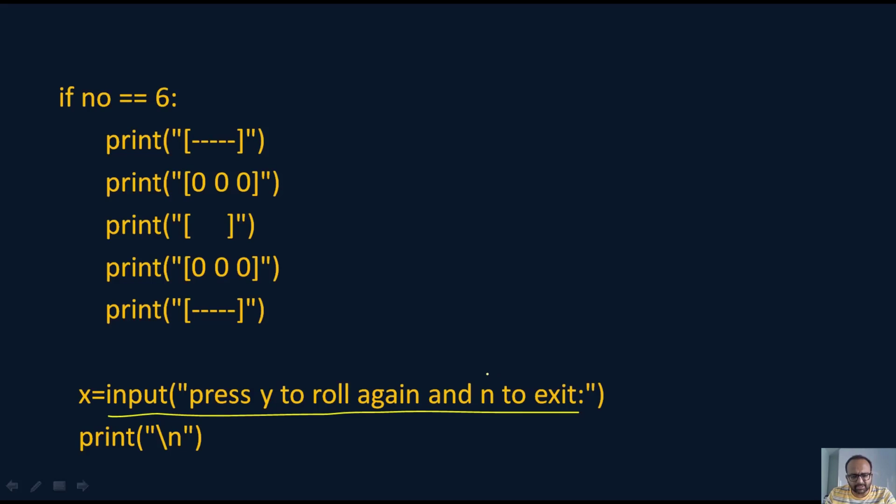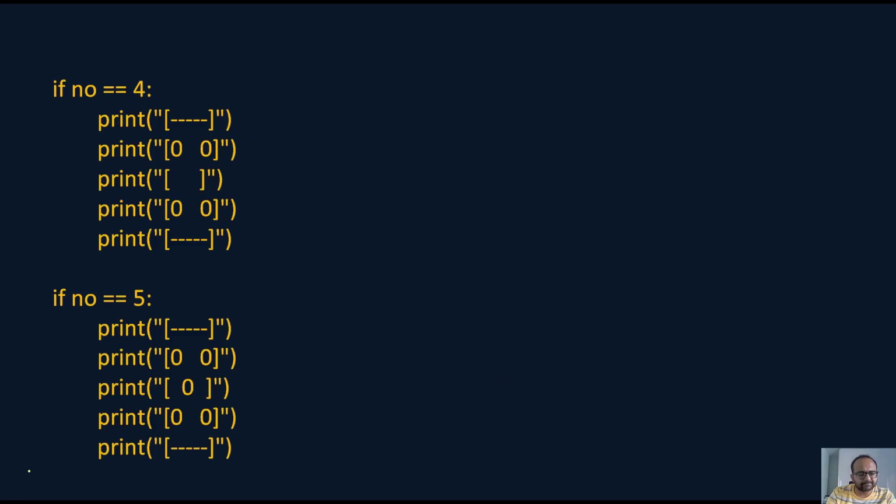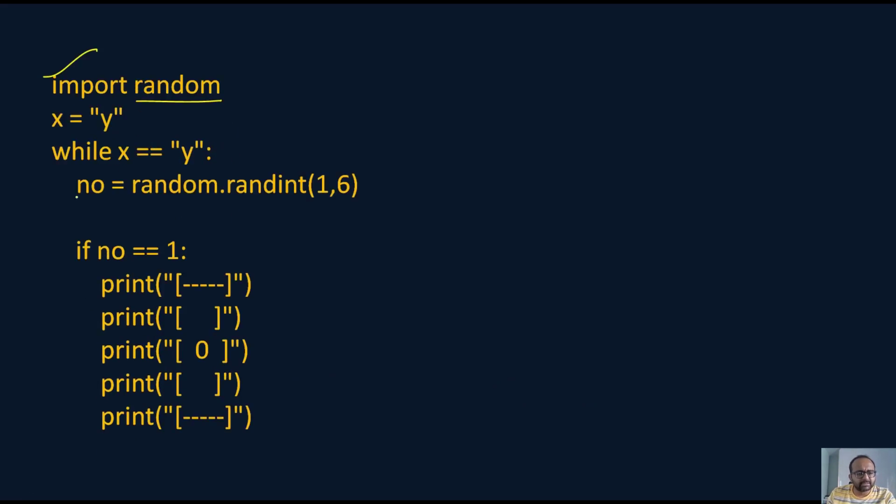If you are entering y, this signifies yes, I want to roll it again. If you are entering n, it signifies no, I want to exit from this game. So that value of either y or n is taken into a variable called x. Okay, so that is very important.